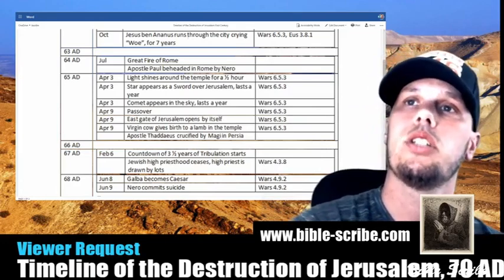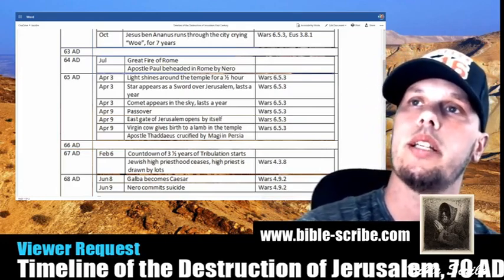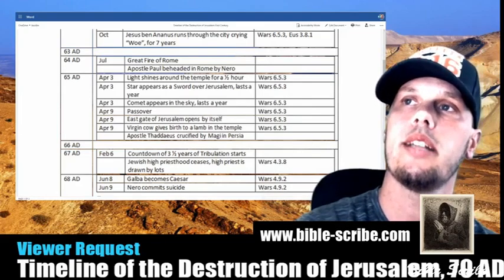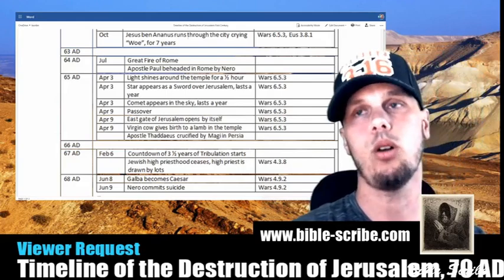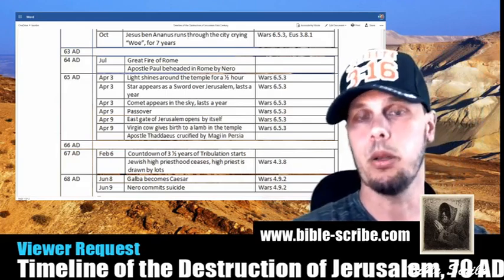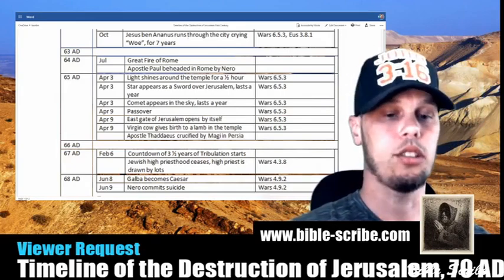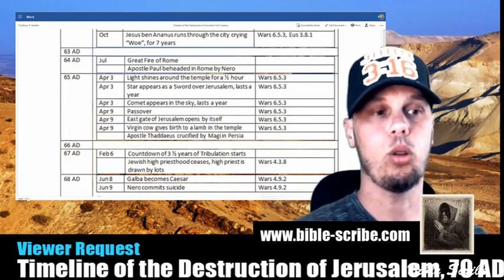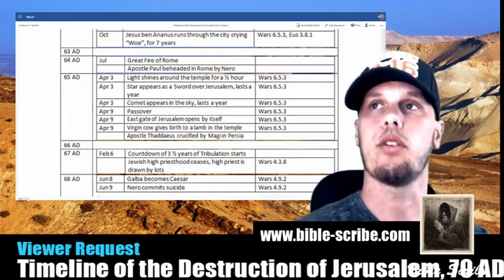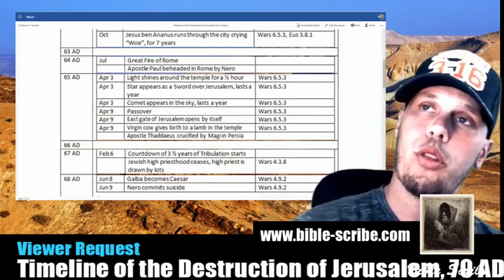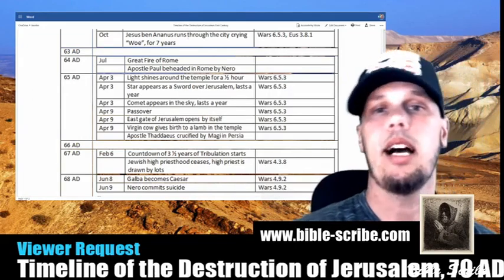But just to show what happens and when it is claimed to have happened: April 3rd, a light shines down on the temple and the Holy of Holies for half an hour in the middle of the night, and the priests recorded this. The whole temple and the Holy of Holies glows with the glory of God for that short period of time. Also on April 3rd, a star appears in the sky over Jerusalem.